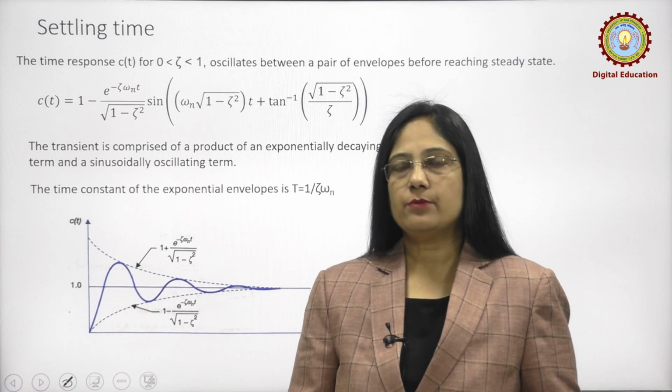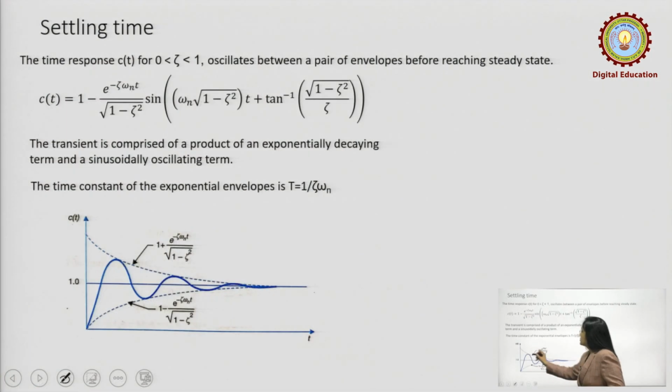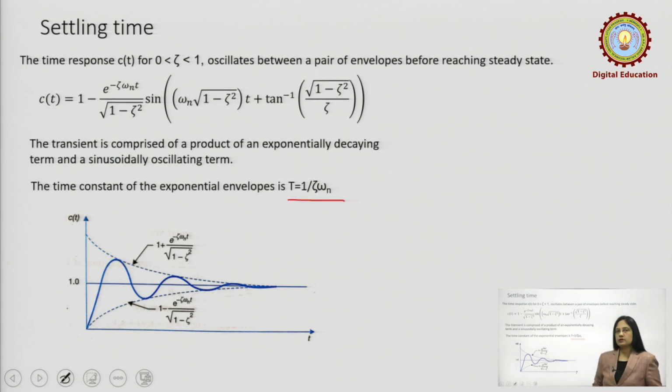So, over time the response reaches the steady state value. As we have already defined, the time constant is 1 upon zeta omega n.